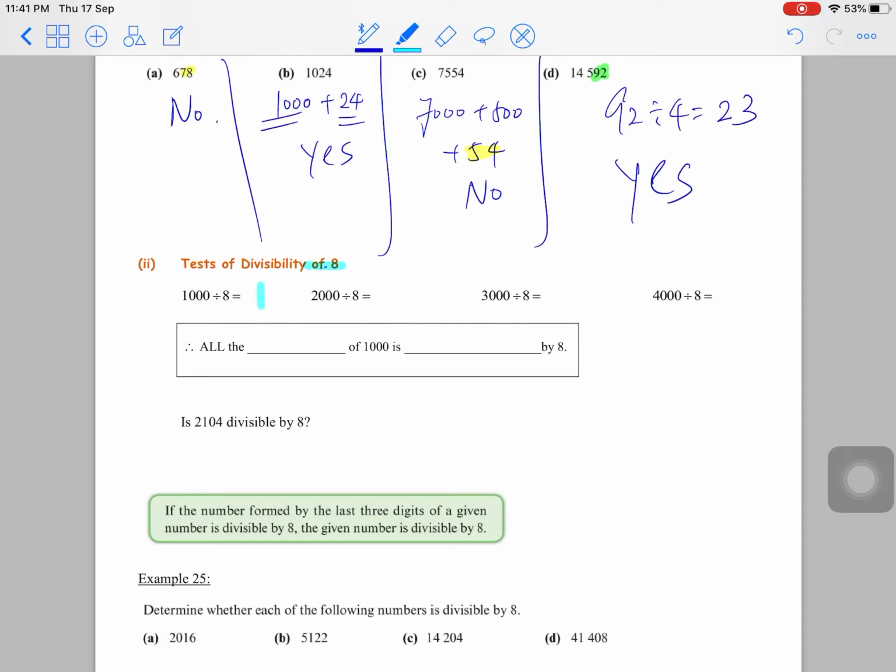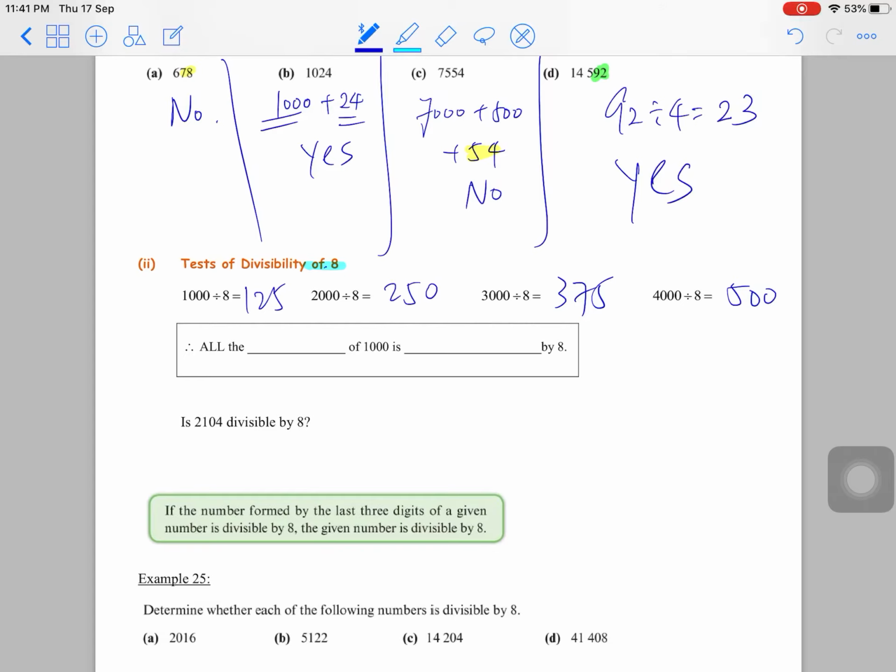will be equal to 125, and then 2000 divided by 8 is 250. 3000 divided by 8 is 375. 4000 is 500, etc. You can try 5000, 6000, 7000, 8000, 9000.